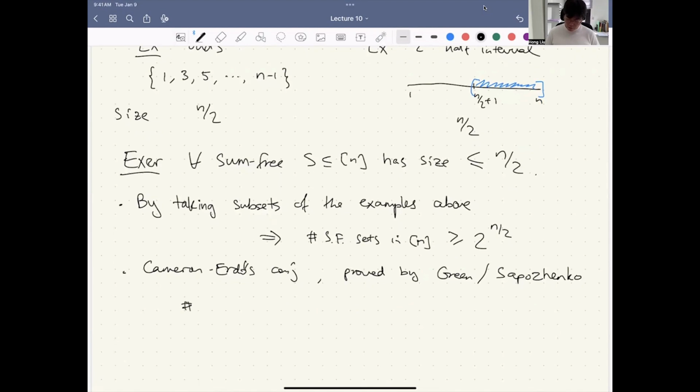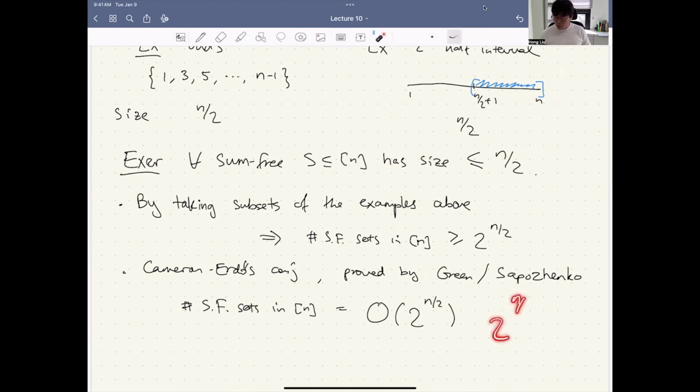They proved that the number of sum-free sets in [n] equals big O of 2 to the n over 2. So this is a stronger statement than 2 to the n over 2 plus little o of n, because that has an exponential error here. This is just a constant error in the front.